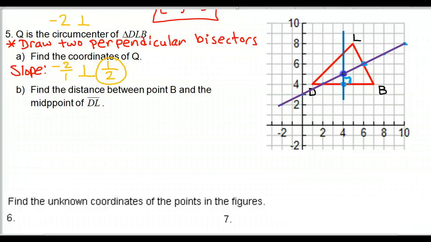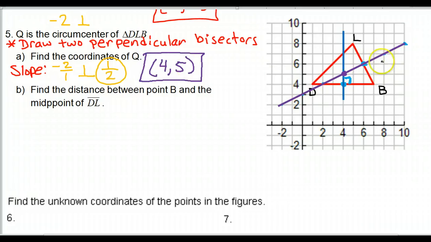Anyway, this is where they intersect, right there. So that is the point (4, 5). That will be the circumcenter, so that will be point Q, which is supposed to be the circumcenter. Okay, that is how you do that.